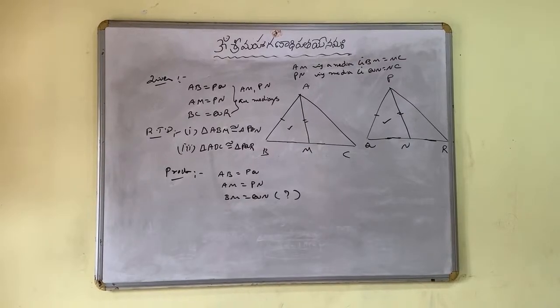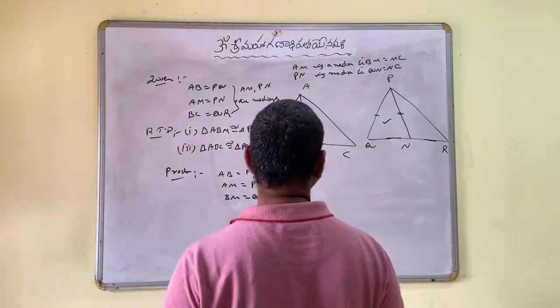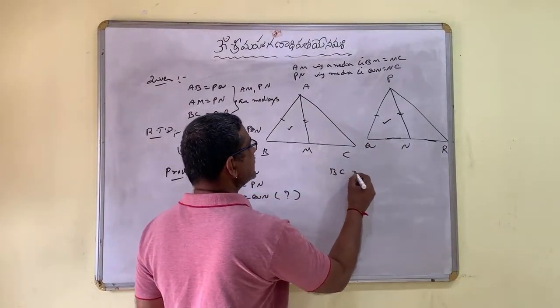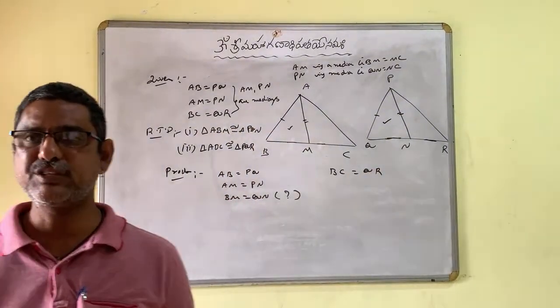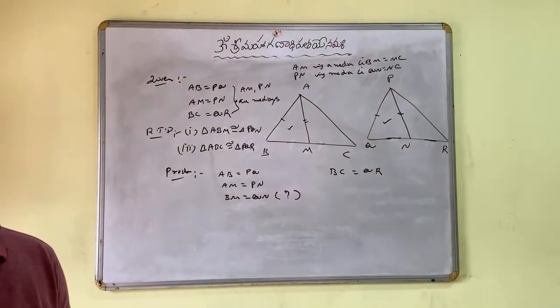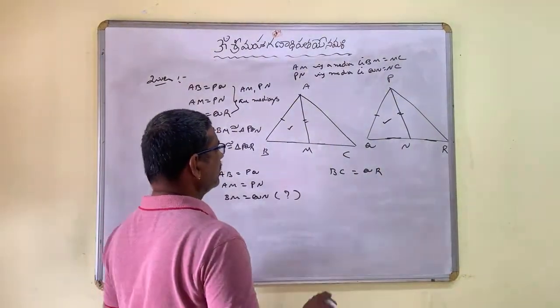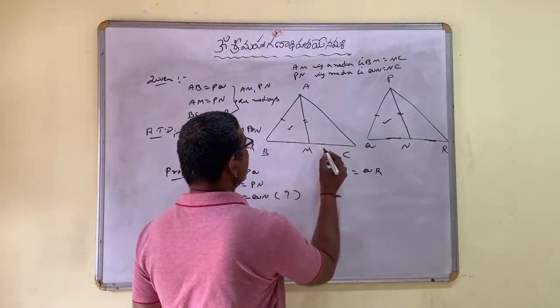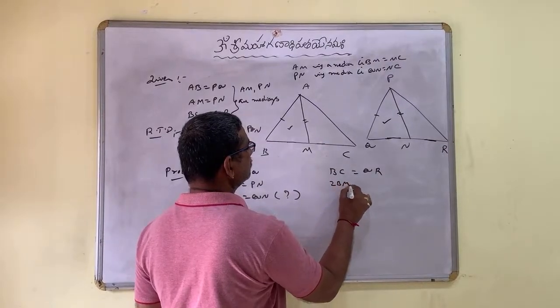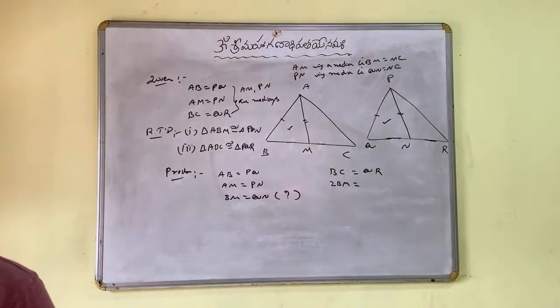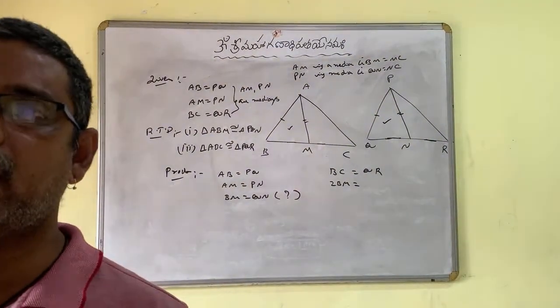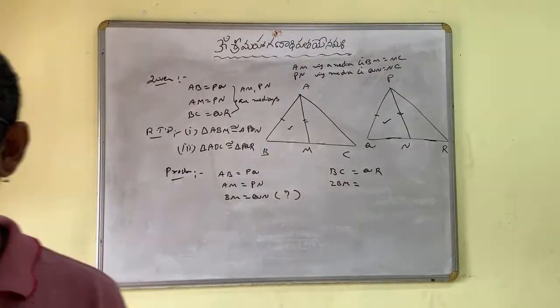Okay, I'll explain. See, BC is equal to QR, given. Can I write BC as 2BM? Because BM and MC are both equal, I can write BC as 2BM.